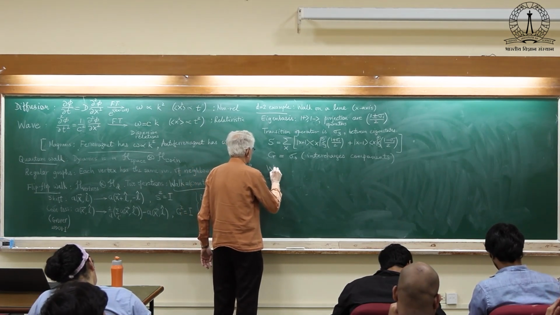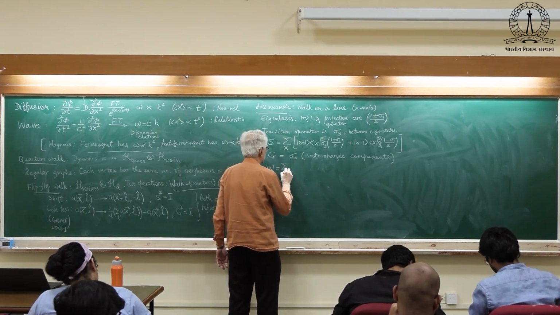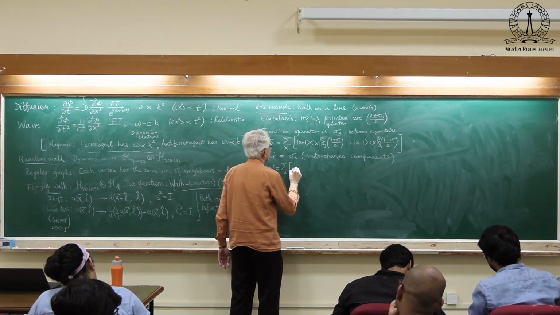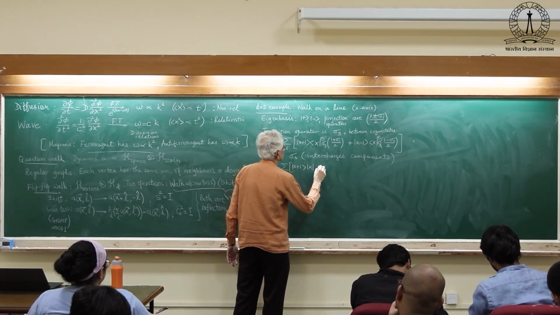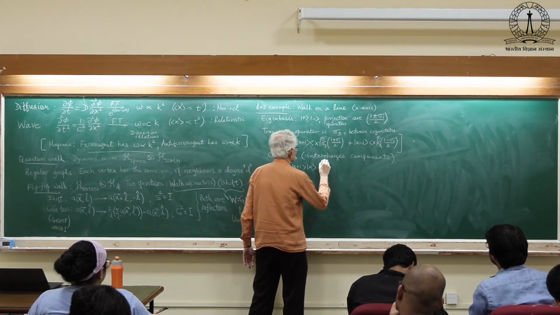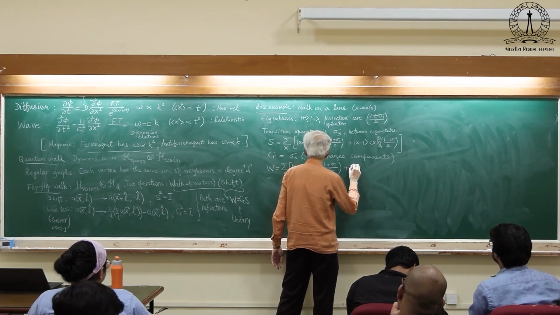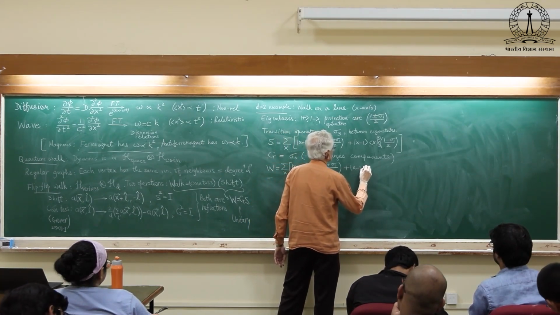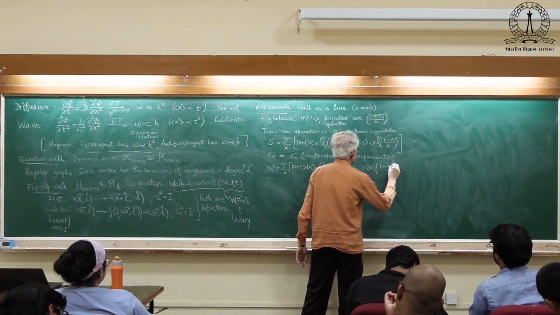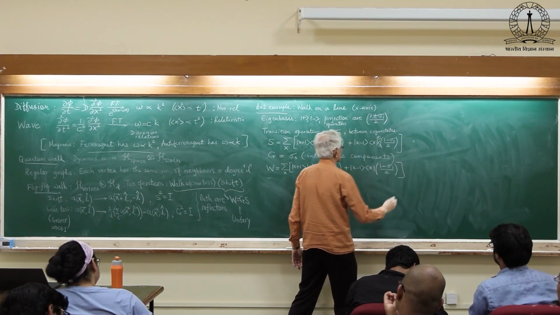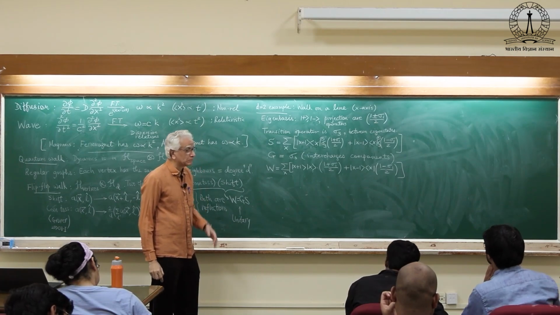And so then in this operator W, the sigma 3 kind of disappears. It just becomes this.